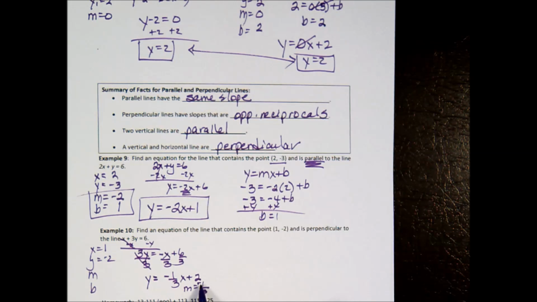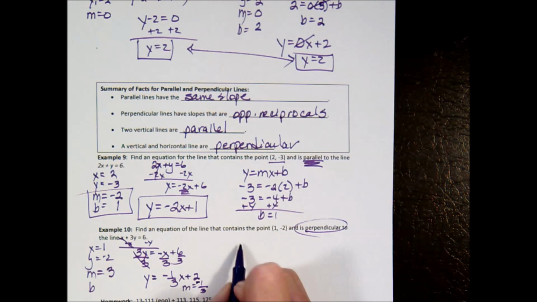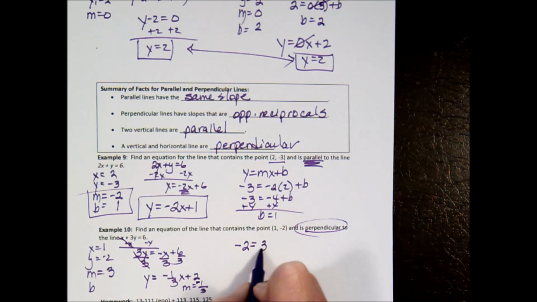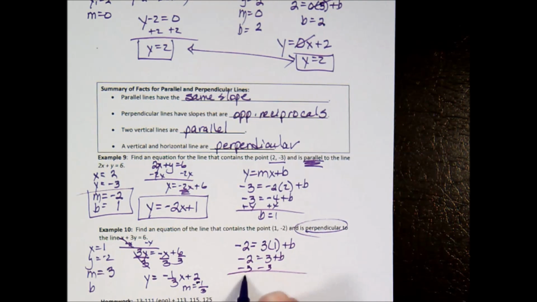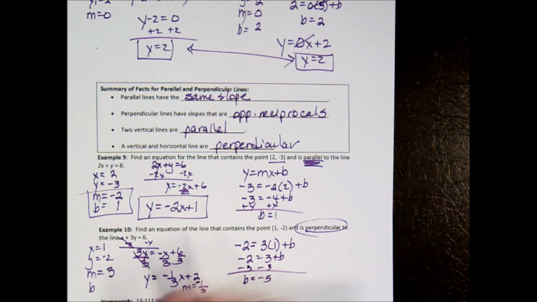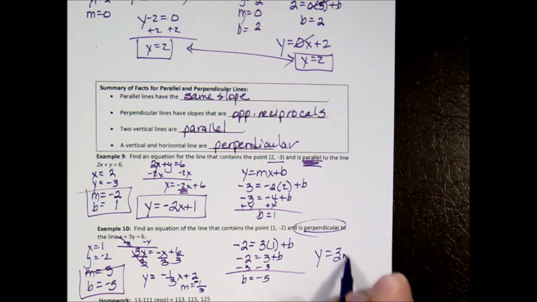But since my line is perpendicular, my slope is the opposite, so positive, reciprocal, so it is 3. So now I can say y equals mx plus b. Negative 2 equals 3 plus b. Subtract a 3 and I get b equals negative 5. So I put that in over here. I have the 2 pieces I need, so y equals 3x minus 5.